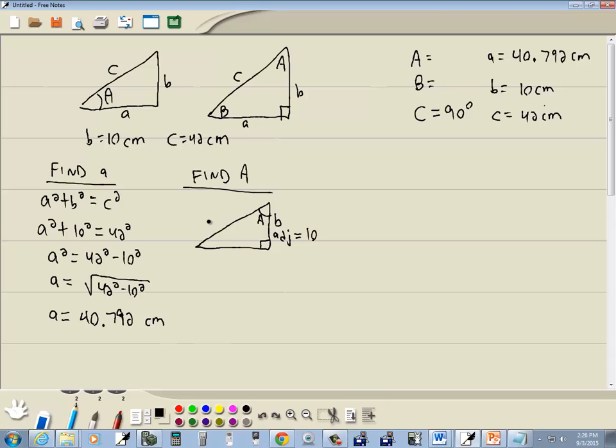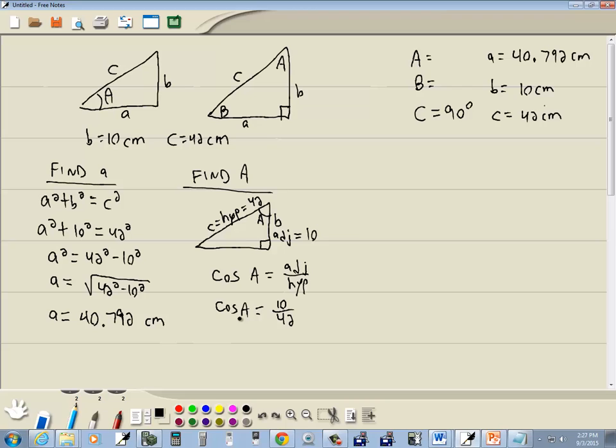Now c. c is over here, and that's opposite our 90 degrees, so that's our hypotenuse. So we're looking for a formula that deals with adjacent and hypotenuse. Well, that's cosine. So cosine of angle A is going to equal adjacent over hypotenuse. Cosine A is equal to adjacent, which is 10, over hypotenuse, and that's 42.